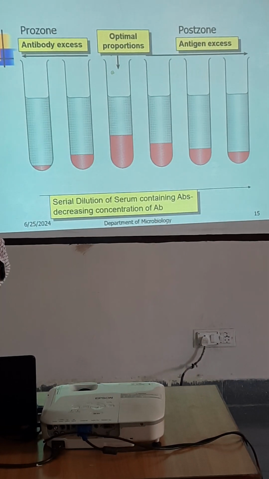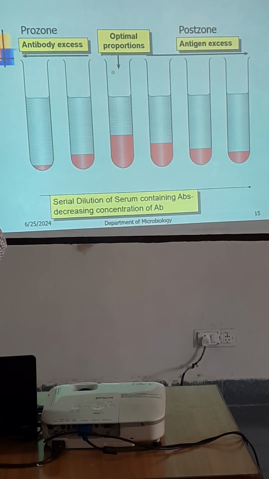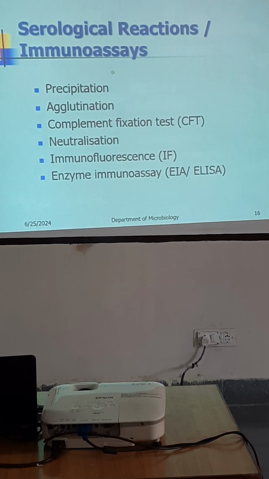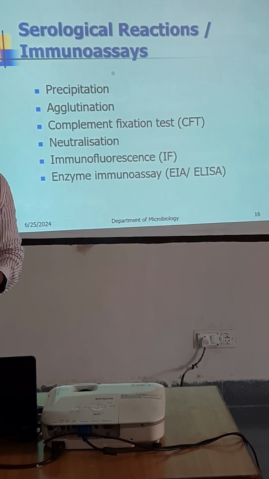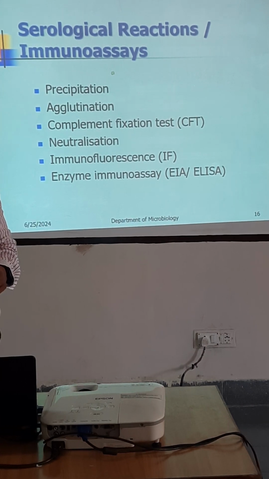These are also going to explain the similar postzone and zone of equivalence. The serological reactions we are going to learn today are precipitation, agglutination and complement fixation, while others like neutralization, immunofluorescence and enzyme immunoassay can be dealt with afterwards.